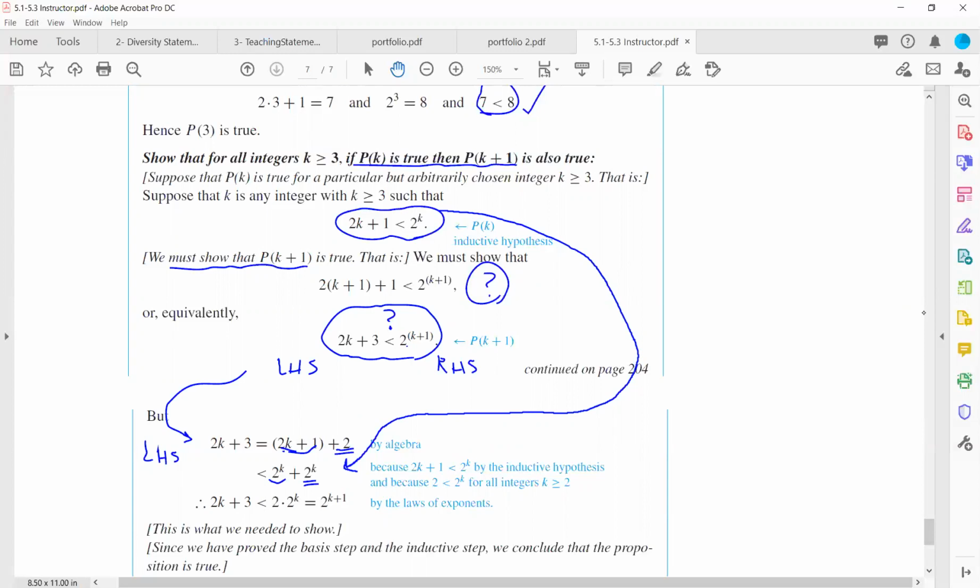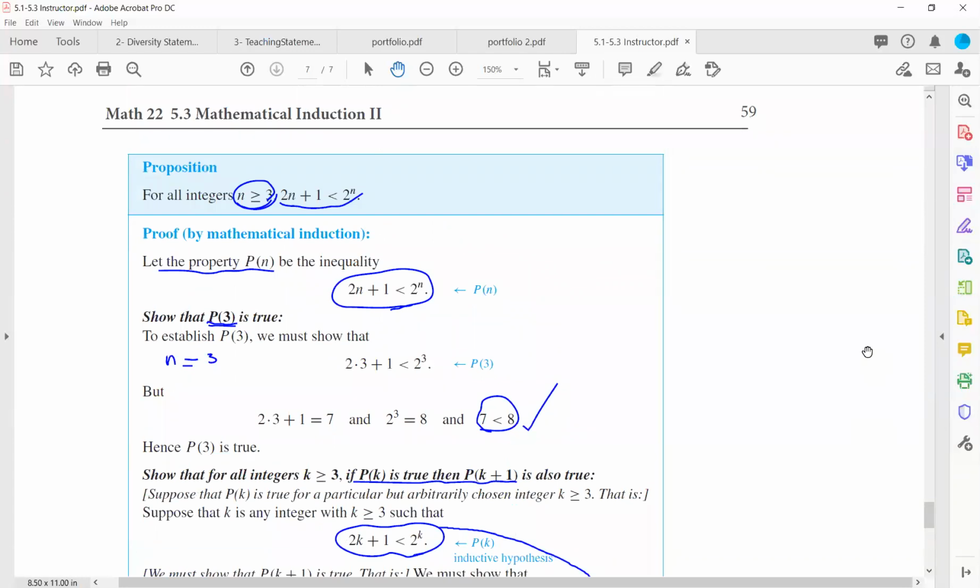If you add these together, you have 2 raised to k plus 1, which is 2 times 2 to the k. So we started from the left-hand side, 2k plus 3, and we showed that the left-hand side is less than the right-hand side. By induction, we prove that this inequality is always true for n greater than or equal to 3.